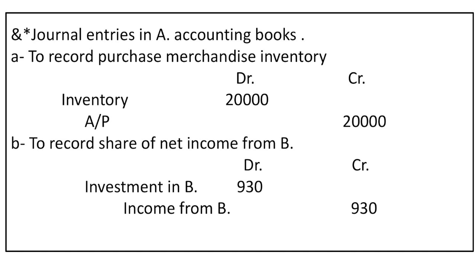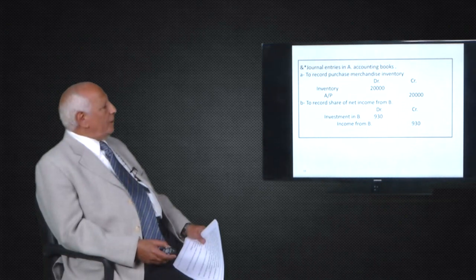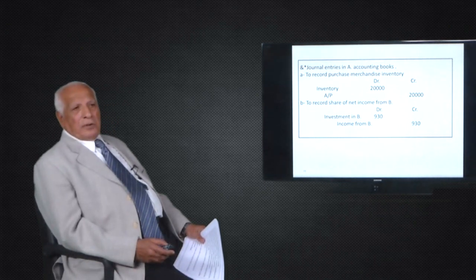Let's go to the journal entry in A's accounting books. A is the buyer. He's going to make one entry. What is it? Debit inventory 20,000 and credit AP 20,000. And he's going to make another one: record the share of net income from B, debit investment in B 930, credit income from B. I'd like to stop here for a second.